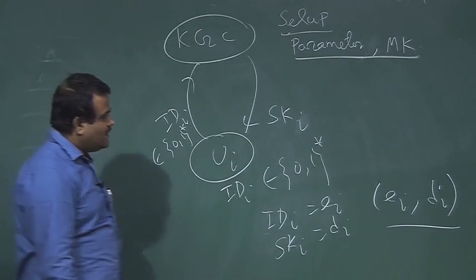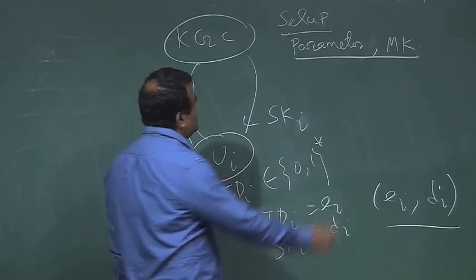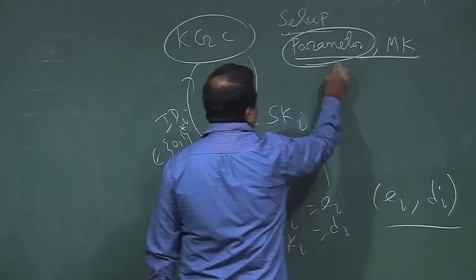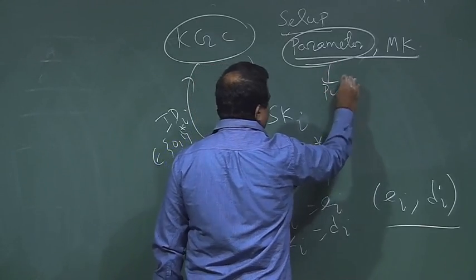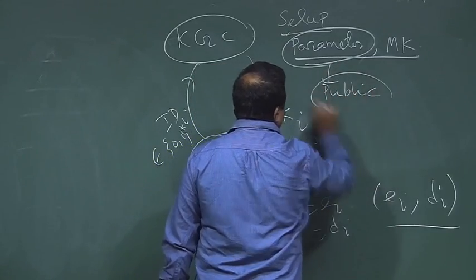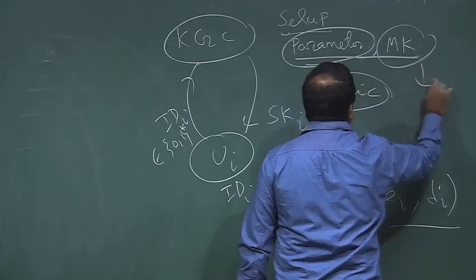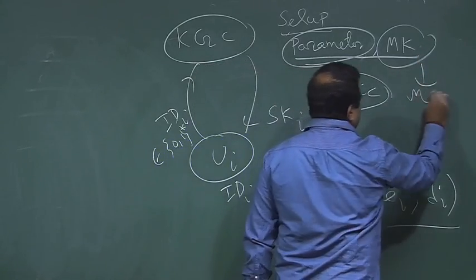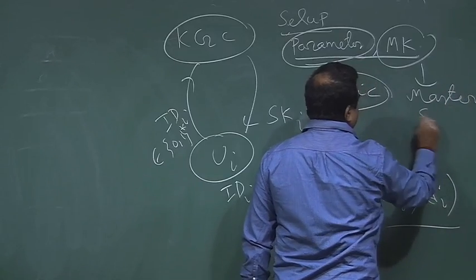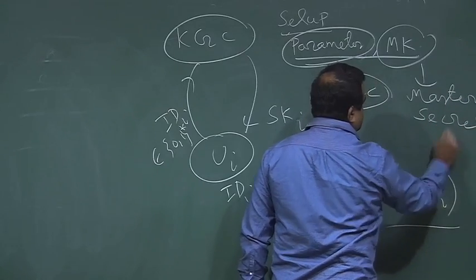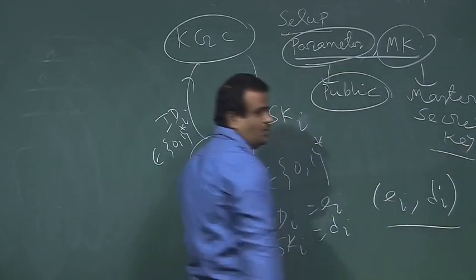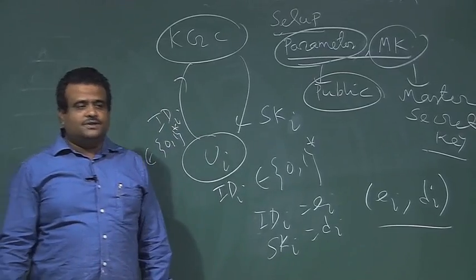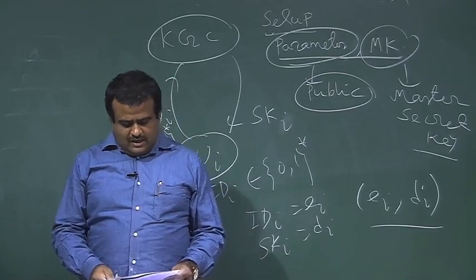When the encryption is done, we need to use the public parameter. This parameter set is public, but this is the master secret key of the key generation center, which will be used for generating the secret key corresponding to the ID.